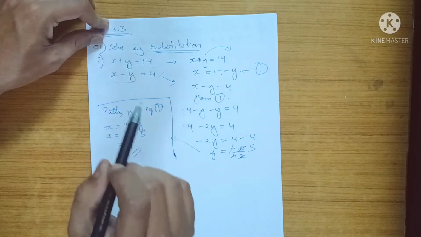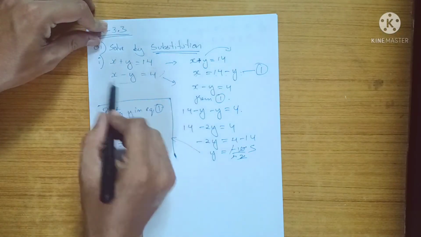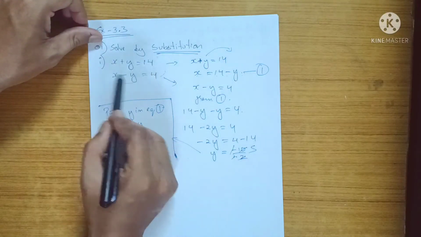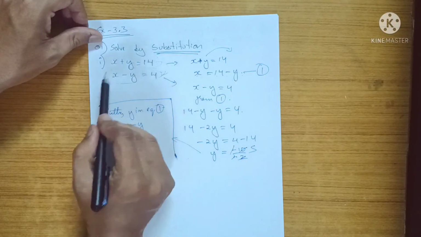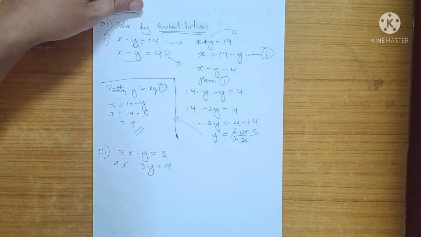Remember the thing about consistent and inconsistent. We're assuming that everything is consistent, dependent on each other. That's why we can equate one equation to the other. If it's inconsistent, or parallel lines, you will not be finding the answers.